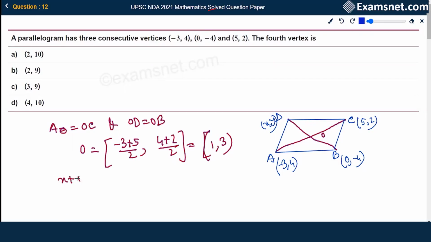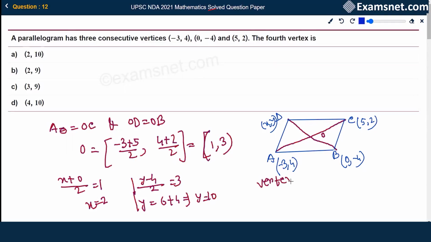So (x + 0)/2 = 1, and also (y − 4)/2 = 3. From here we can write x = 2, and y = 6 + 4, that means y = 10. So it means the vertex D is (2, 10). So here option A is the correct answer.